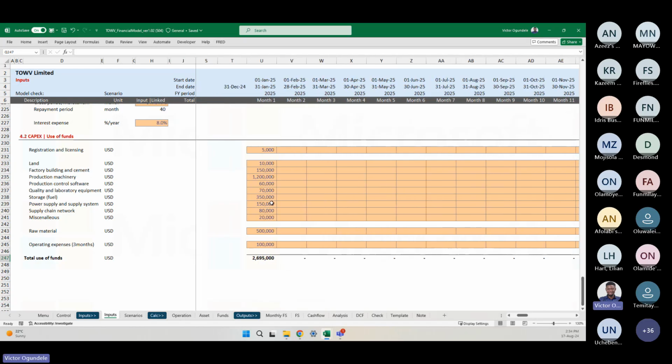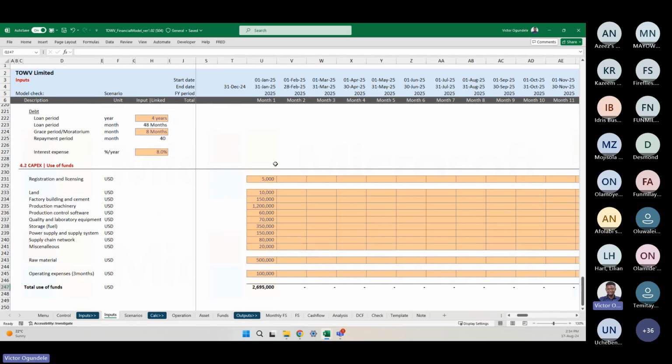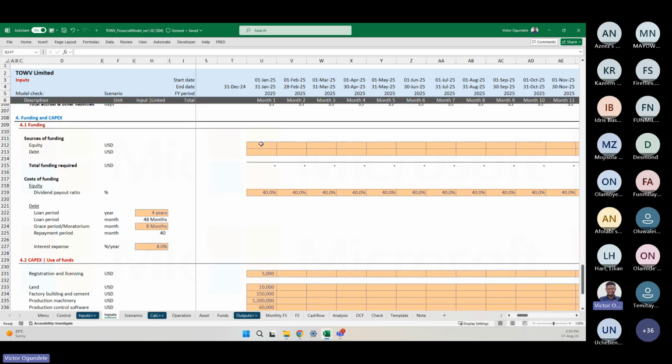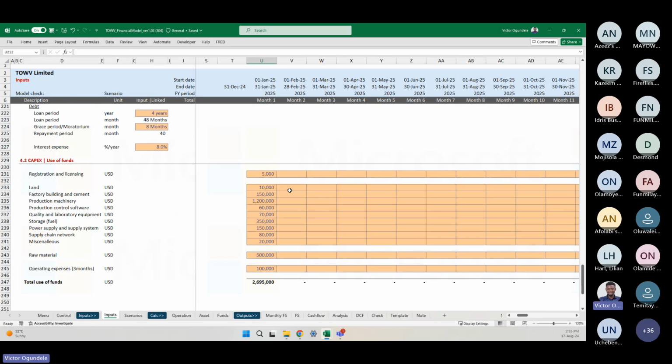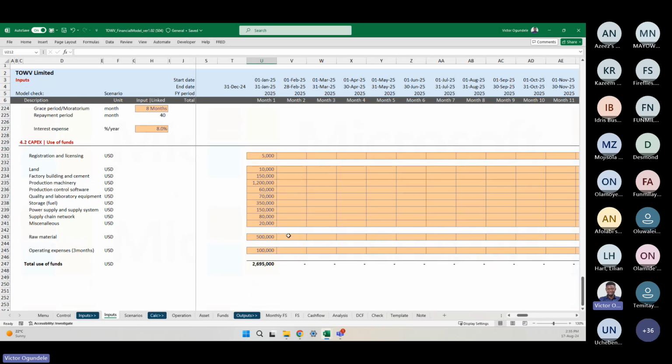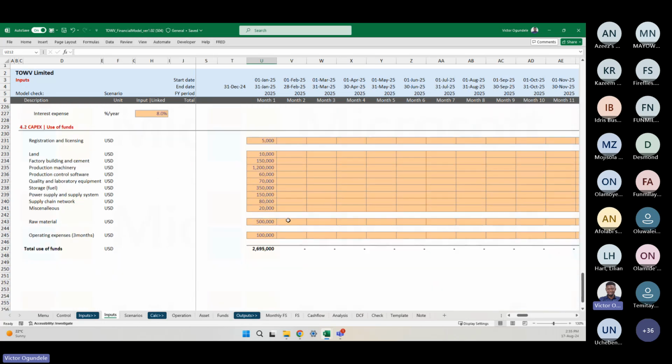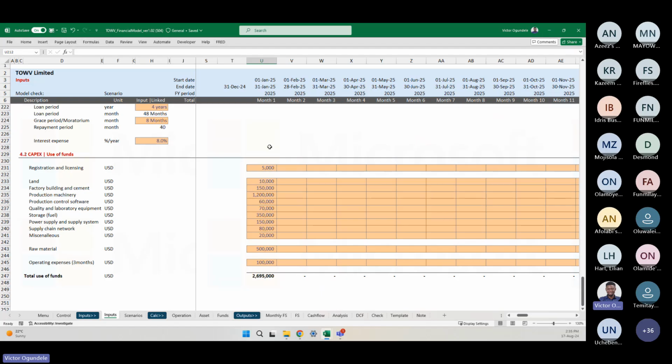All right. So now, we have two approaches when it comes to this. The first one is where we have the option to state the total amount that we need, and the total amount we then distribute across the use of funds. That's our typical modeling concept.